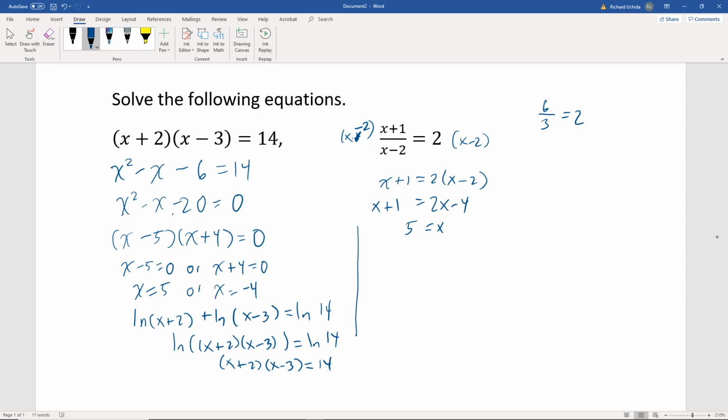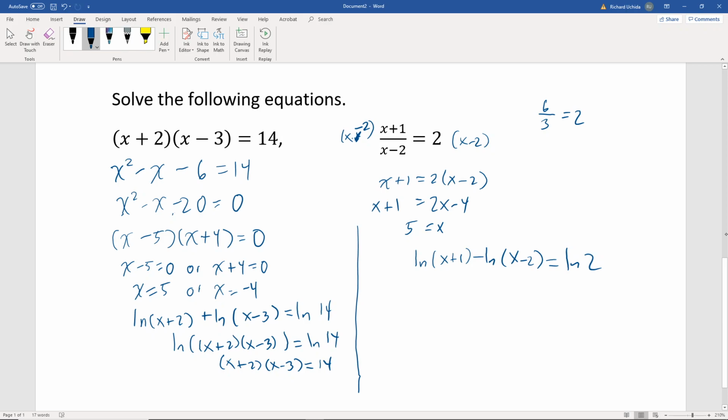Now again, to show you how this relates to what you're going to be doing, what if we had, let's say, the natural log of x plus 1 minus the natural log of x minus 2 equals the natural log of 2. So if we had this logarithmic equation, similar to what we just talked about for that previous one, we could combine the two logs on the left-hand side using the quotient rule for logarithms.